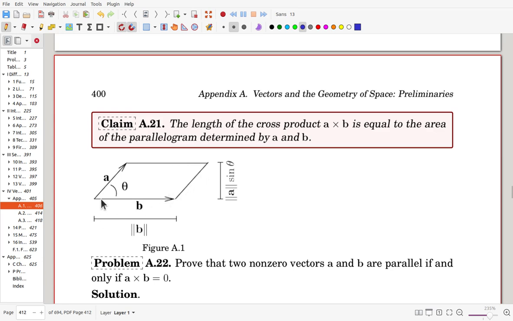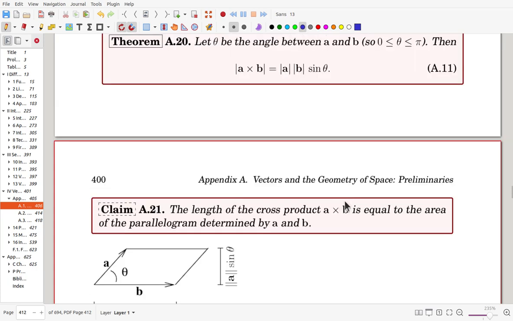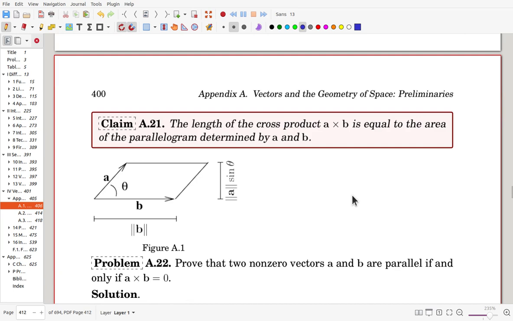If we consider B as the base of the parallelogram, then the height can be decided in this way: the length of A times sine theta. So that height is given this way, and this multiplication is exactly the same as the length of the cross product, right? So this is a geometric interpretation of the cross product.